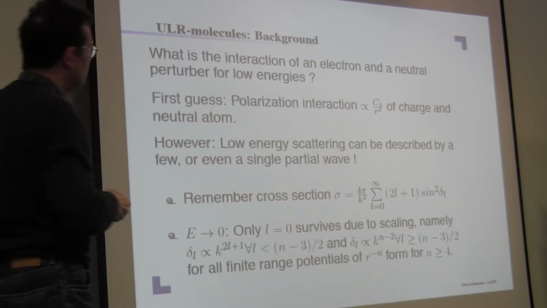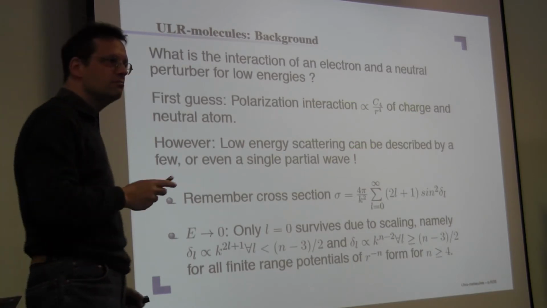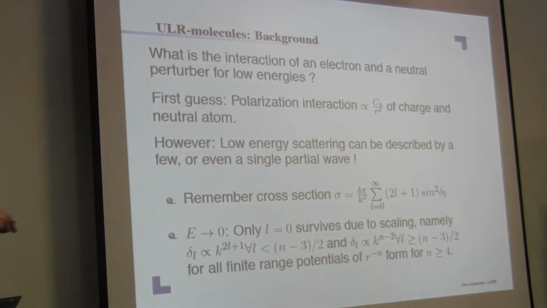So then what you could first guess, you have a neutron and you have an electron. Now this is an electron-neutral interaction, so you might want to put in a polarization interaction. That's not a bad idea, but you can make your life easier because you are at quite low energies at which the electron, for the high excitation out there in the Rydberg situation, scatters from the neutral perturber.